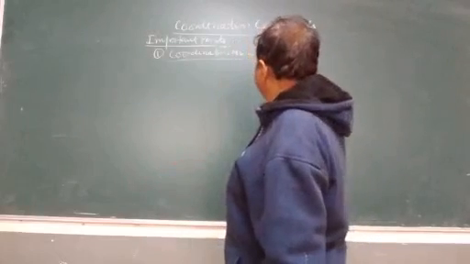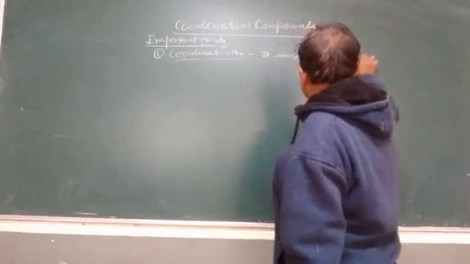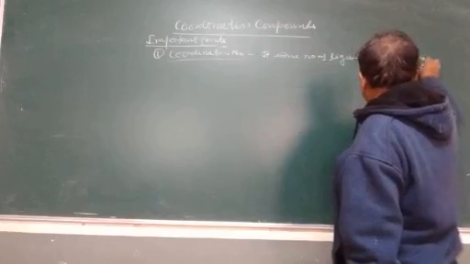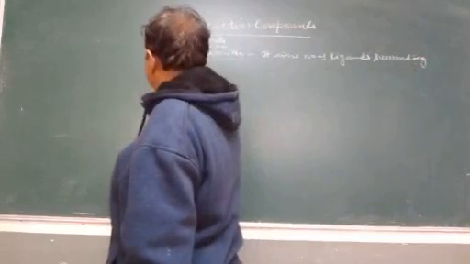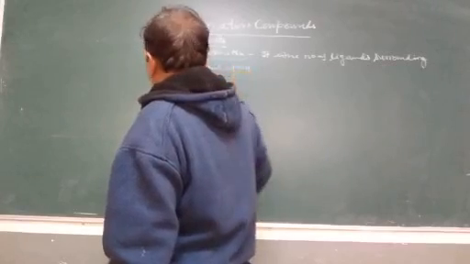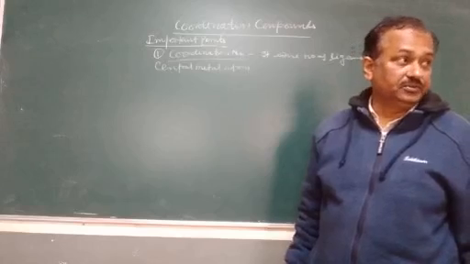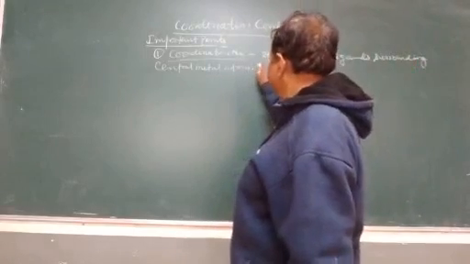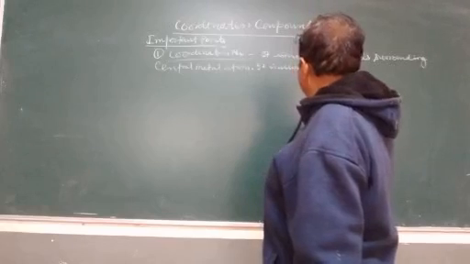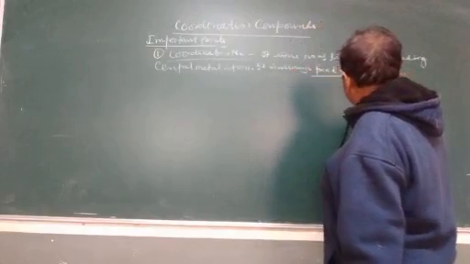It is the number of ligands surrounding the central metal atom, and it is always fixed for a metal.